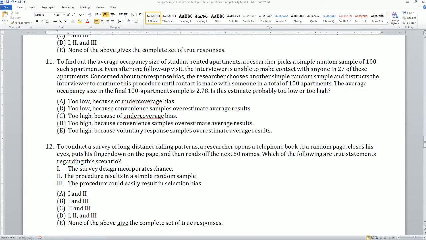Concerned about non-response bias, the researcher chooses another simple random sample and instructs the interviewers to continue this procedure until contact is made with someone in a total of 100 apartments. The average occupancy size in the final 100 apartment sample is 2.78. Is this estimate probably too low or too high?